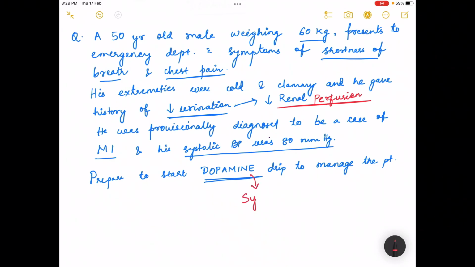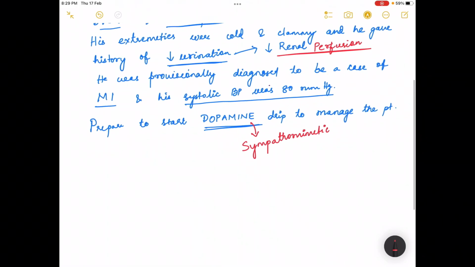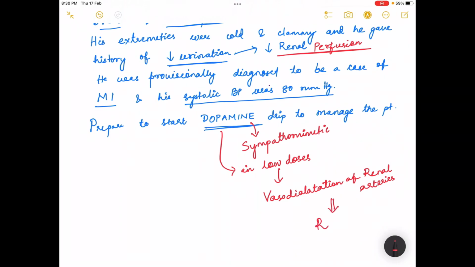Because dopamine is a sympathomimetic, and we know that dopamine in low doses causes vasodilatation of the renal arteries, and thereby there is renal perfusion.